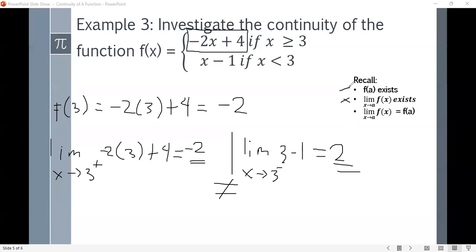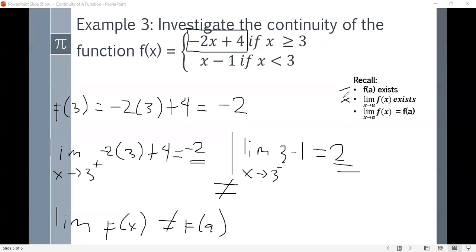So, x po siya. The limit of f of x is not equal po kay f of a. Kasi, tandaan, kapag magkaiba yung outcome ng from the right at from the left, lalabas natin does not exist. Di ba? It's not existing.